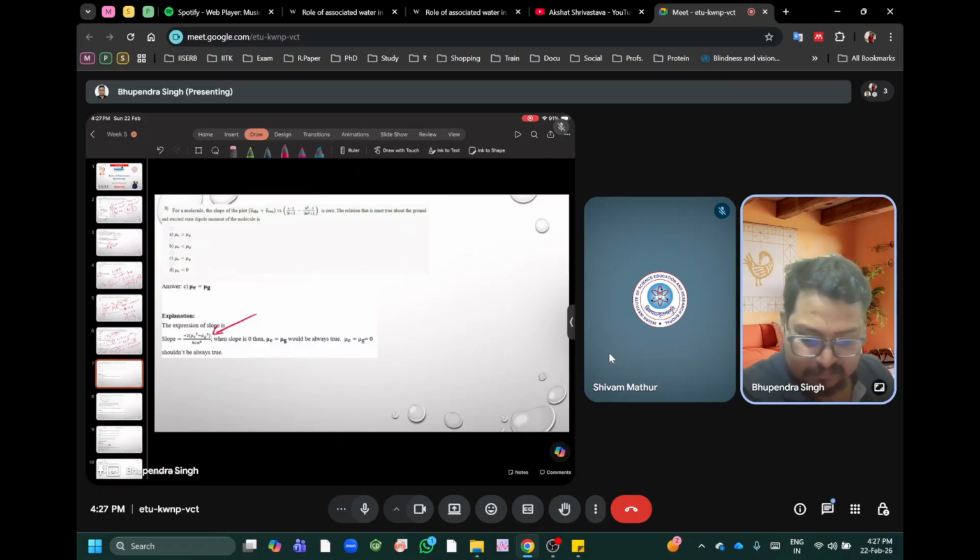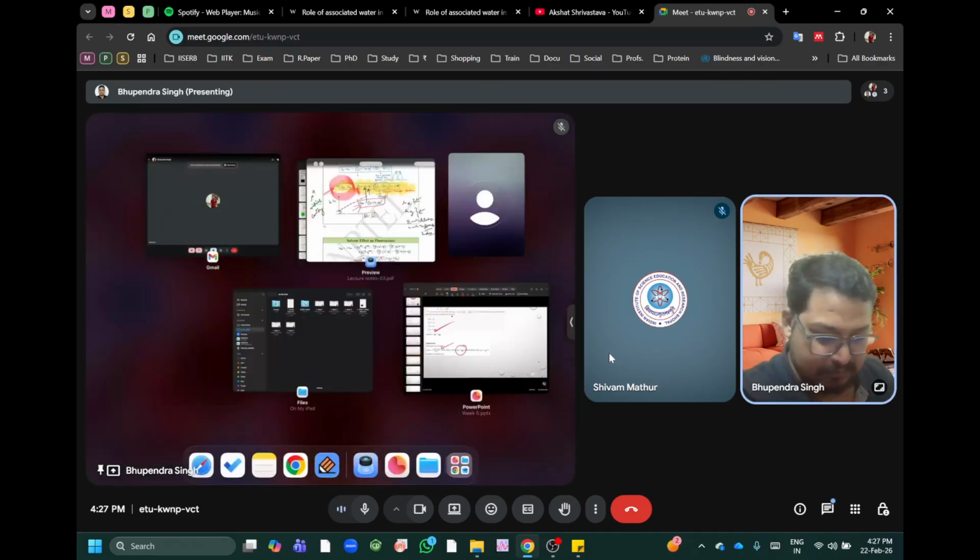The expression of the slope is minus 2 times (mu e square minus mu g square) divided by h c a cube. So if the slope is 0, then mu e and mu g have to be equal. That is the condition the question is asking.